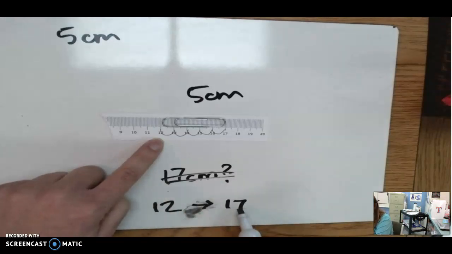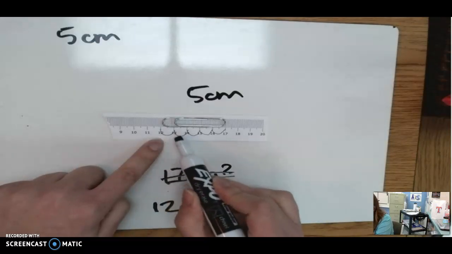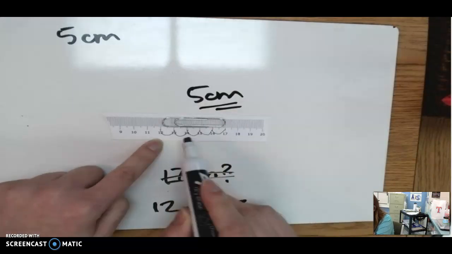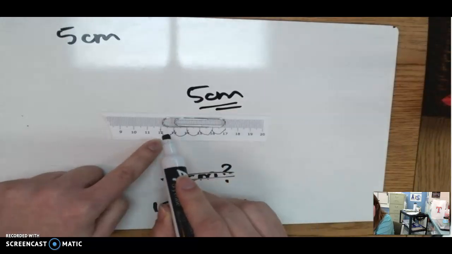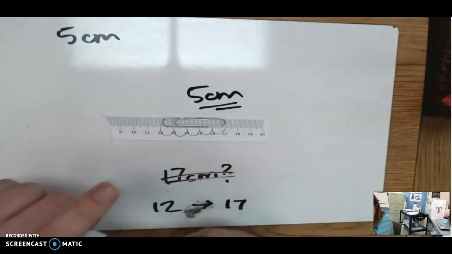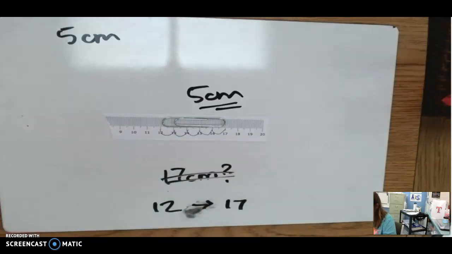What's 12 to get to 17? 1, 2, 3, 4, 5, right, is 5 centimeters. So we're going to use this type of concept of continuing on with a number line, but when it comes to counting angles.